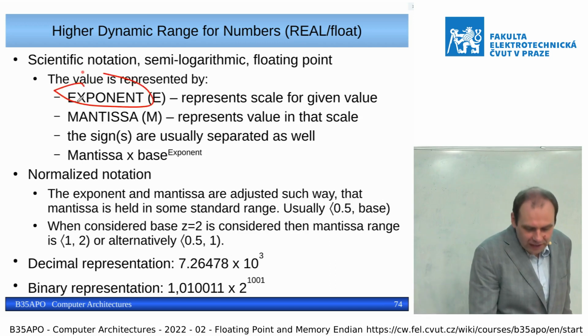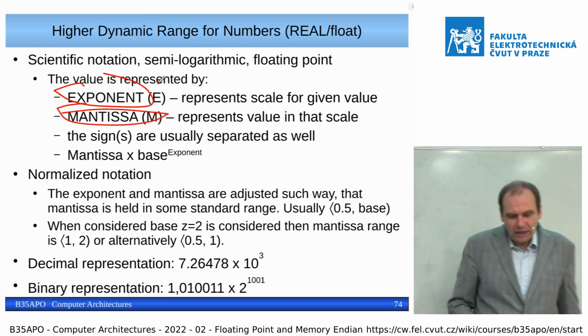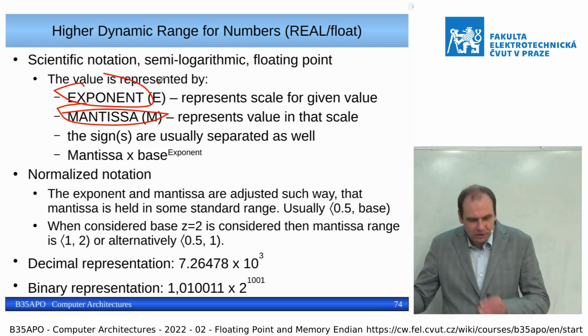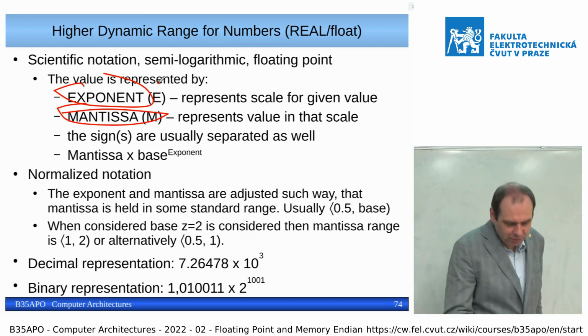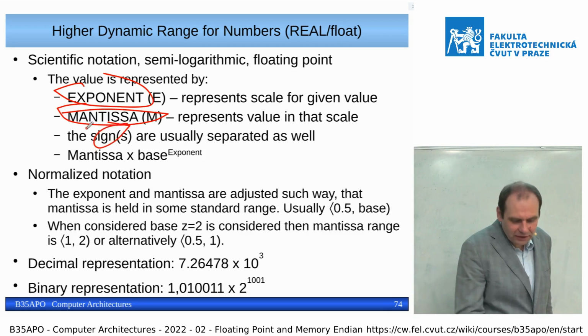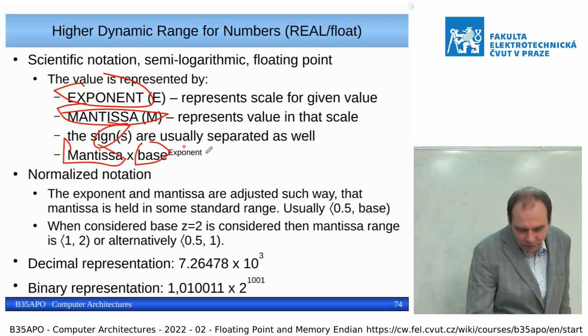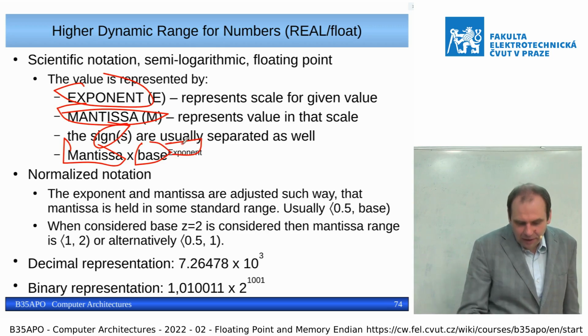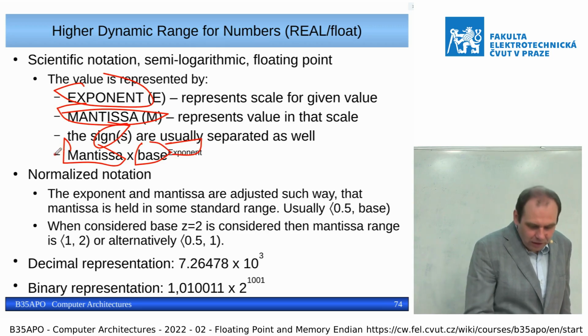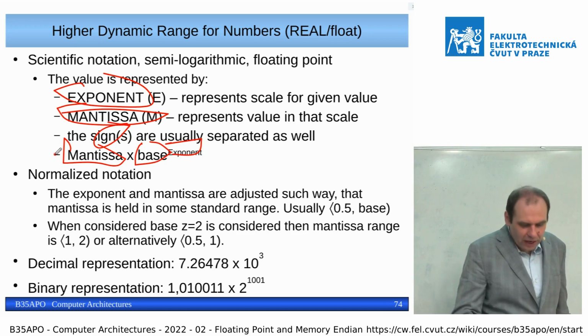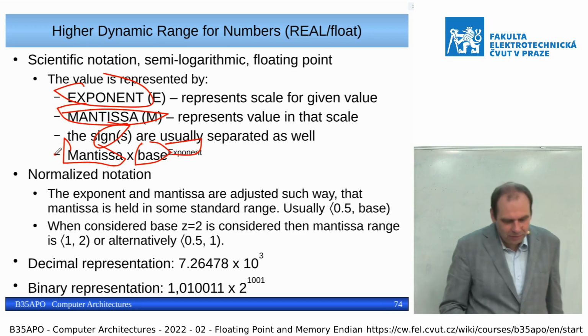So we define that we use the mantissa and the exponent, and that we represent the shift to the left and right by the exponent, and then we need to add the sign for sure. So basically the actual value is mantissa multiplied by base power to exponent, and we need to add whether it is plus or minus.